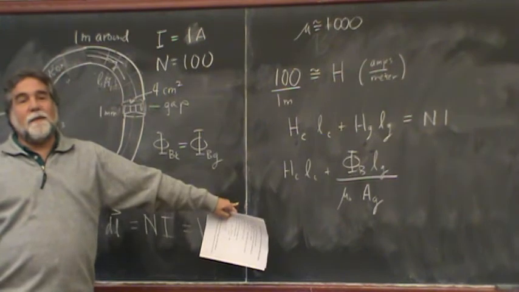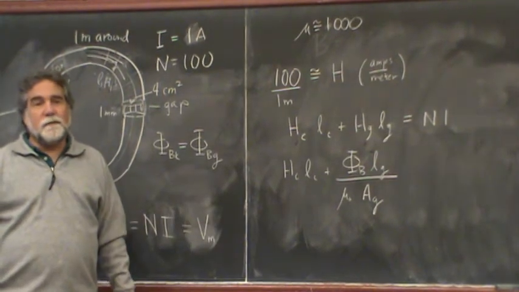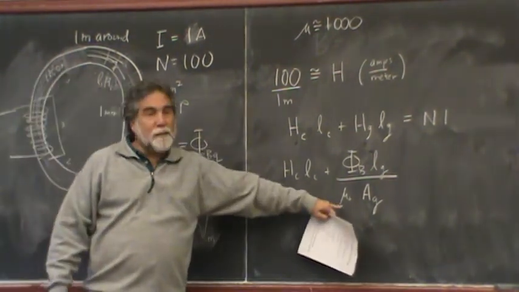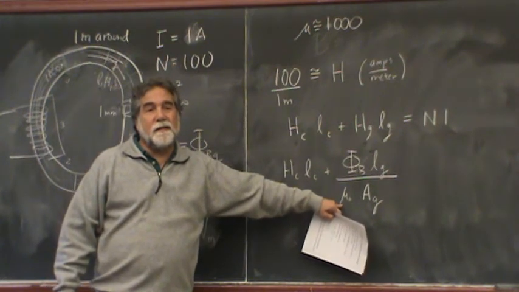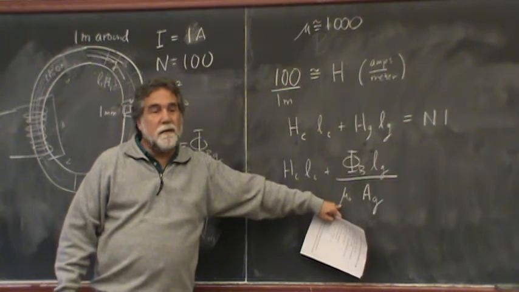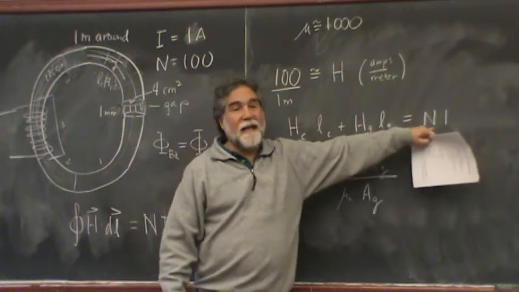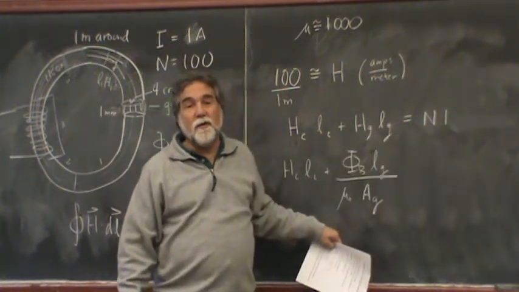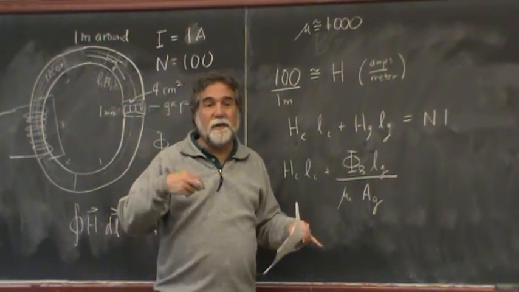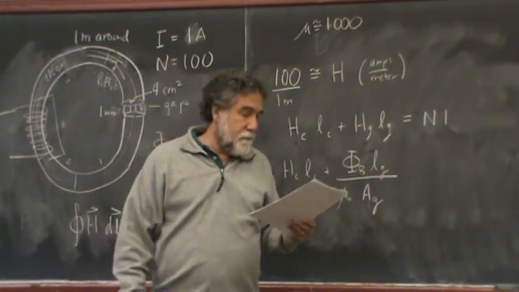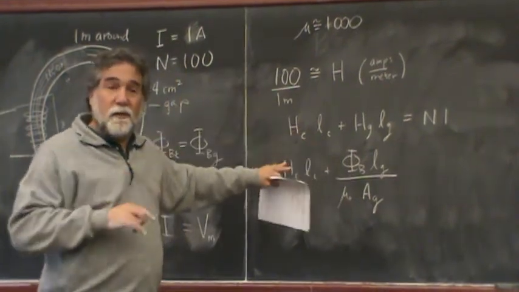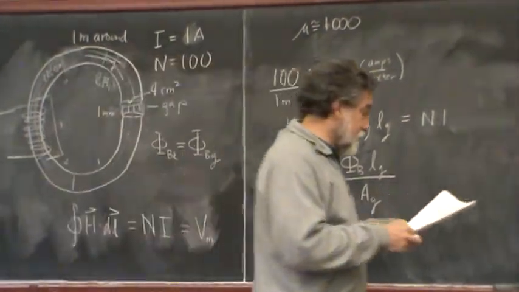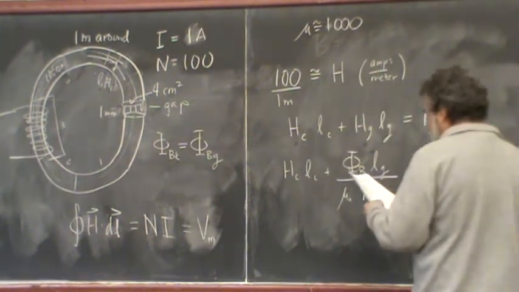So I just switched to MKS on mu. But I wanted to be explicit. I don't want to have a 1 in there. I want to be explicit about that that's the mu of the gap. And because I wrote this as Ni here, it turns out that I need a mu naught there in order to convert H to B. So there's where I might have gone wrong in my conversion of all units, but I'm going to leave that there because I can't do that.